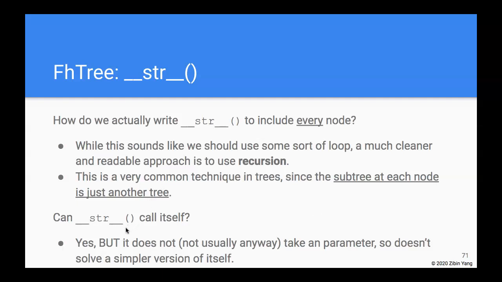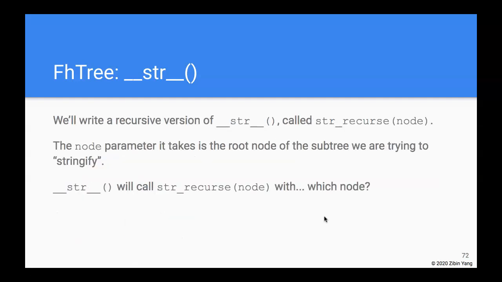However, the way that we usually write the Dunder String method is that it doesn't take an extra parameter, other than the self parameter. So Dunder String, at least in its usual form, doesn't lend itself naturally to recursive calls. So what can we do? Well, we can write a recursive version of the Dunder String method.